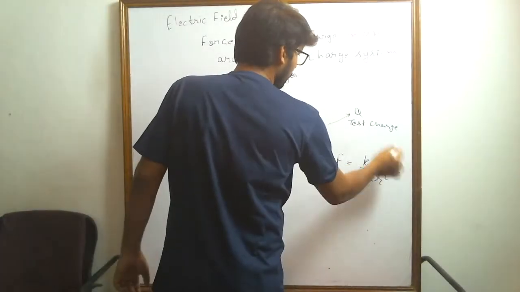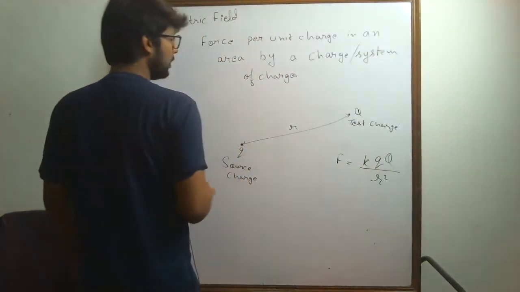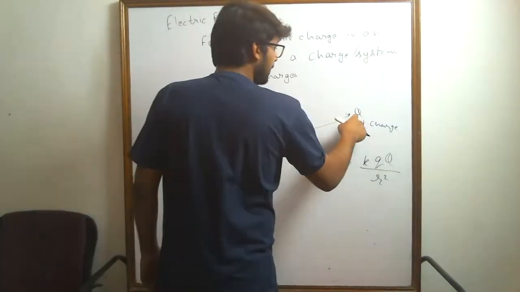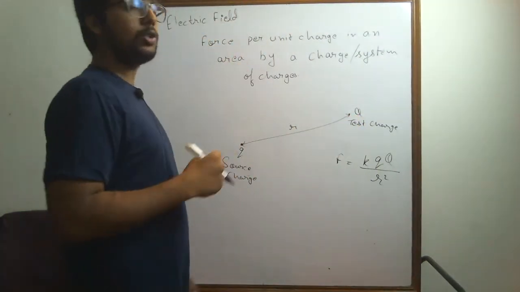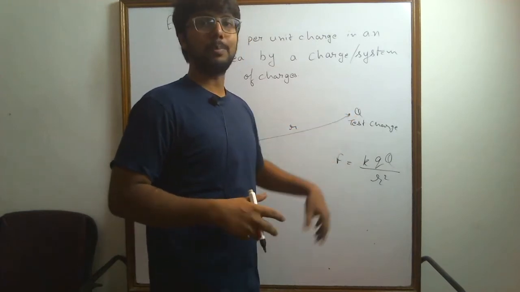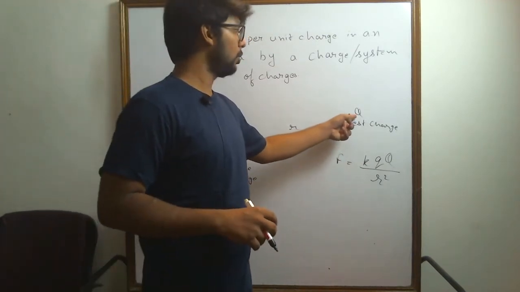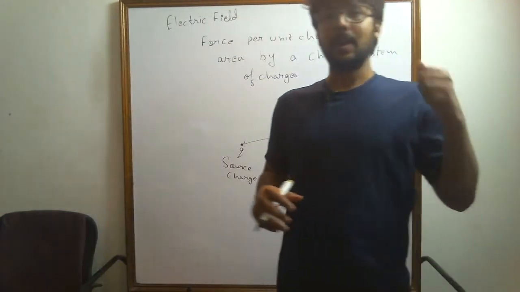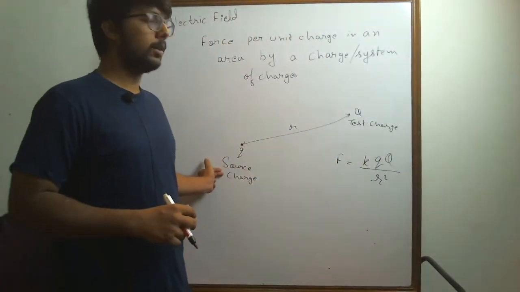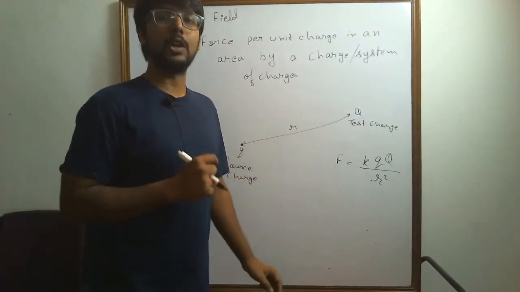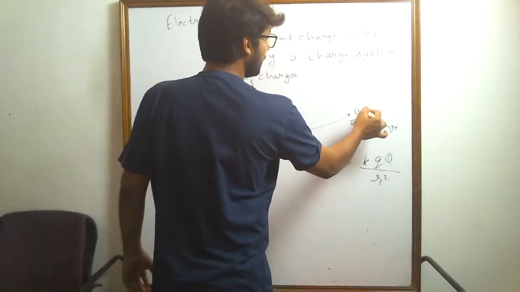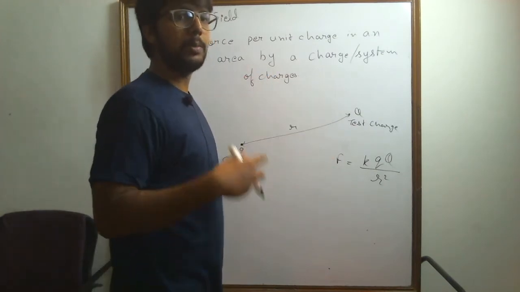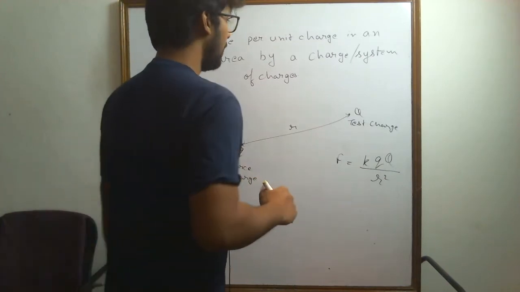Once we understand this is the force applied by the source charge on the test charge, now if I wanted a unit charge over here, the charge currently has a magnitude of capital Q. But what if I wanted to know the force applied by the source charge at this distance on a unit charge? Unit charge essentially means that the magnitude of the charge will be 1 unit. It can be anything: coulomb, microcoulombs, whatever unit we choose for charges.